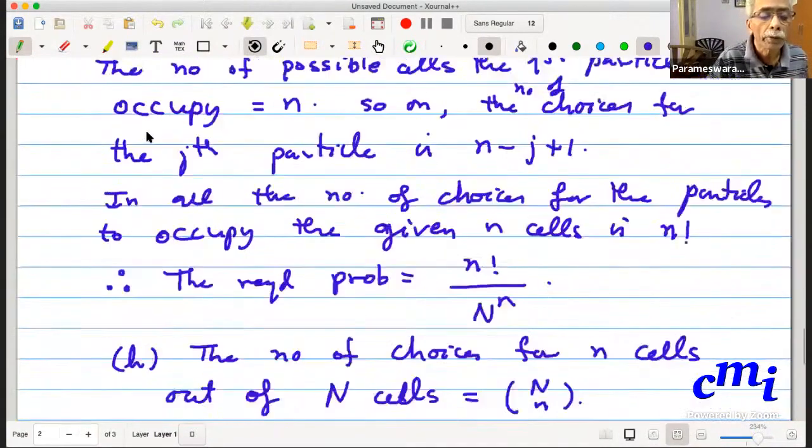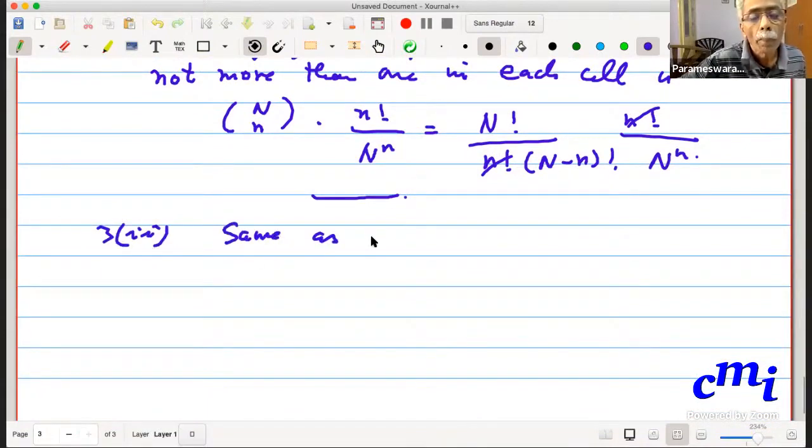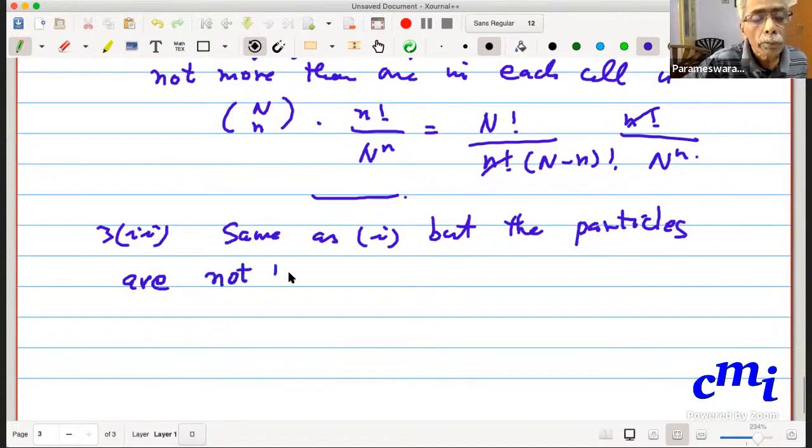So in condition 3(2), same as 1, but the particles are not labeled and not distinguishable.